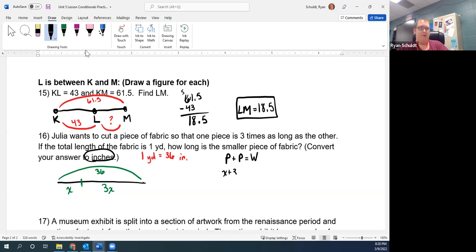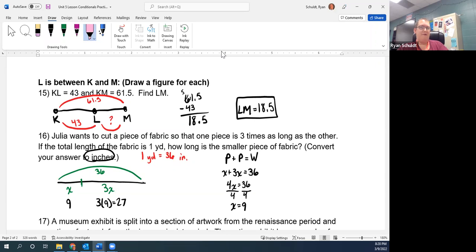X plus 3X equals 36. X plus 3X is 4X. Divide by 4, and you get X equals 9. So X is 9. If we want to find this other piece, 3 times 9 is 27.